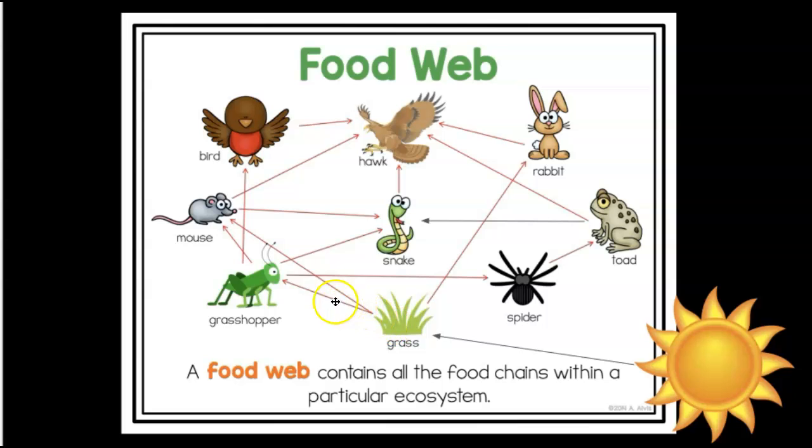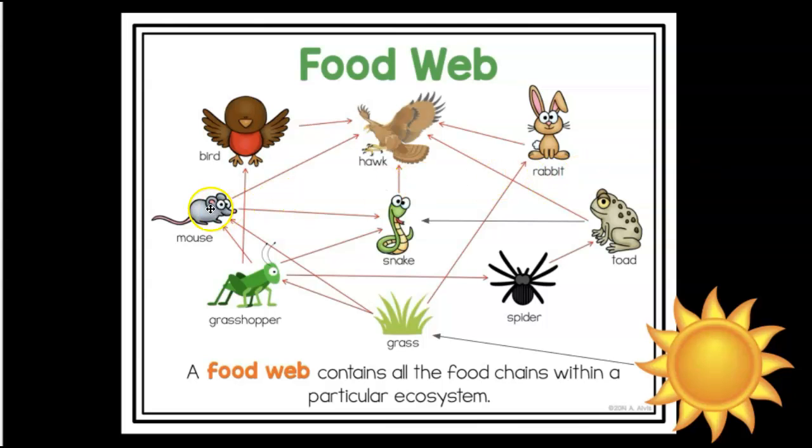The energy goes to the grasshopper, the energy goes to the mouse, the energy goes to the rabbit. Notice how at least 2 different things are linked to each thing, showing the importance of that balance in this ecosystem. Let's say, for example, I took the snake and I pulled the snake out of this little food web example. That can have a rippling effect on everything in there.